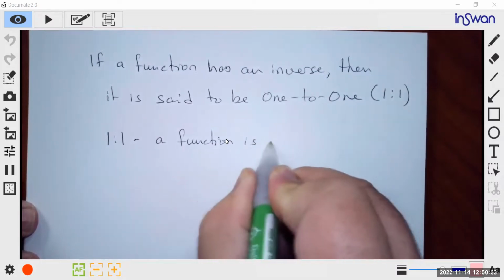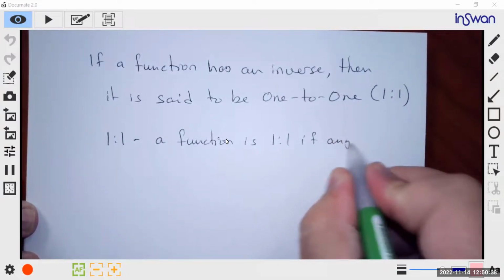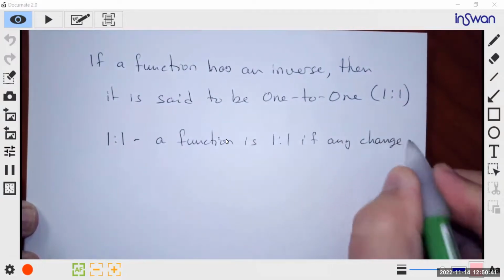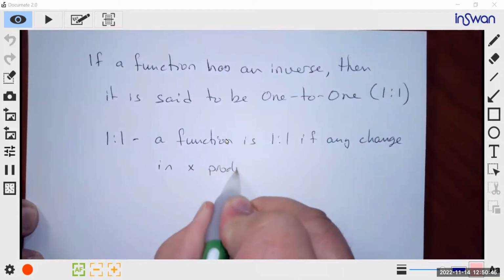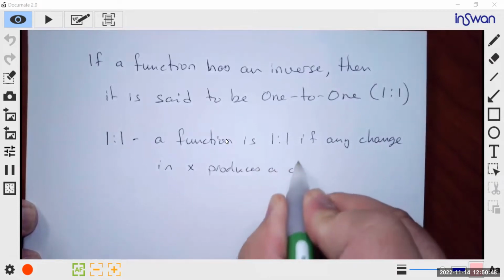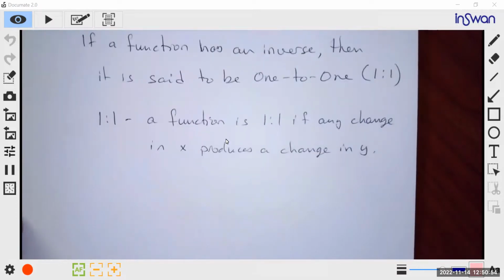A function is 1 to 1 if any change in x produces a change in y. So if any change in x produces a change in y, then it's said 1 to 1. For every 1 x, there's 1 y value.